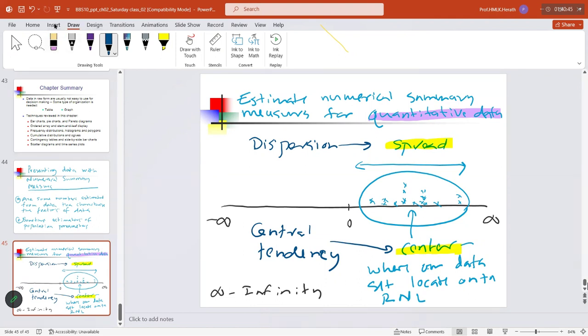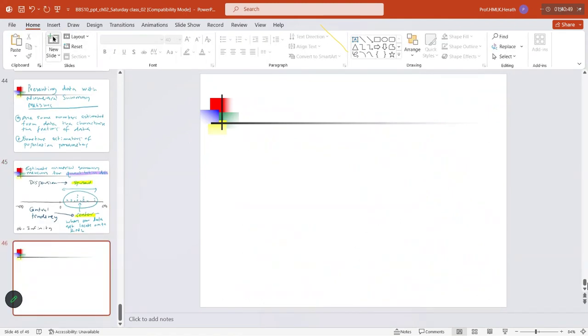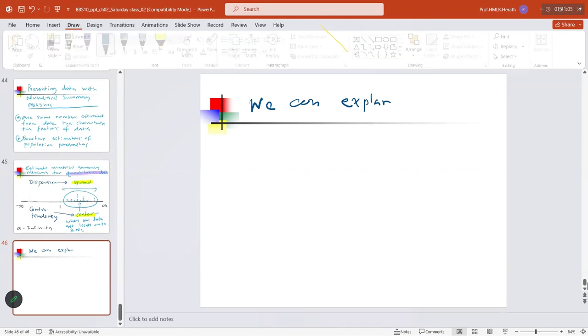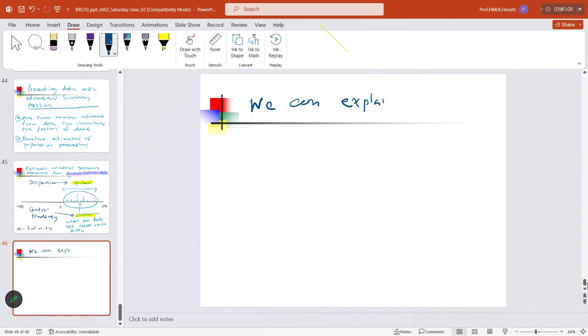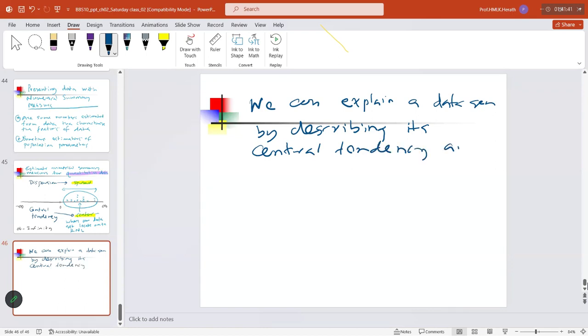In principle, we can explain a data set by describing its central tendency and dispersion.